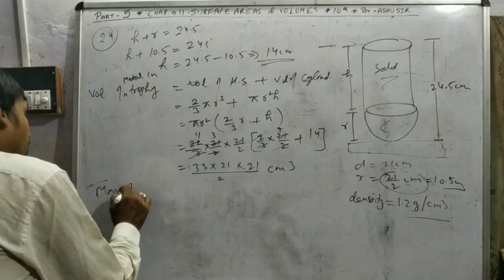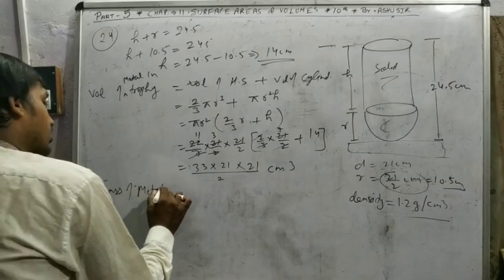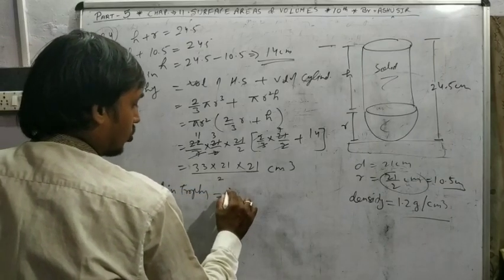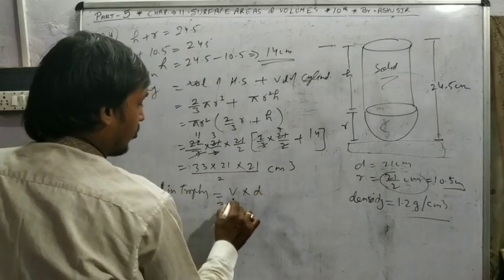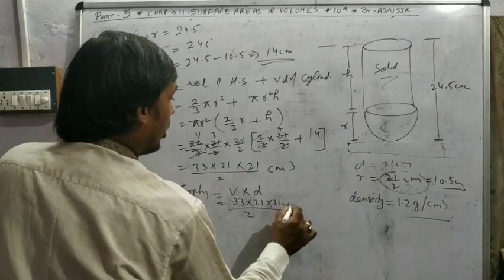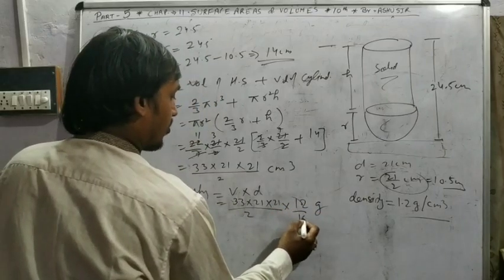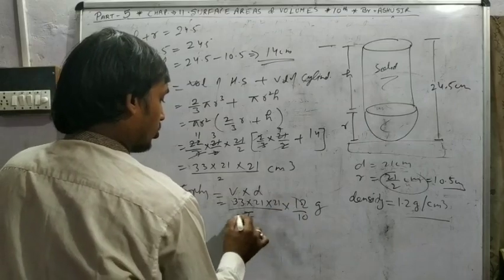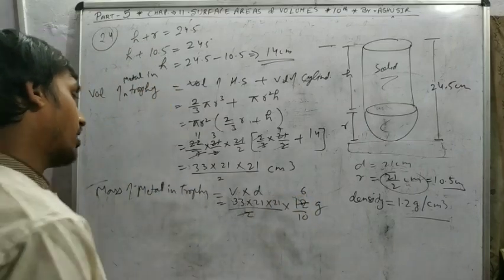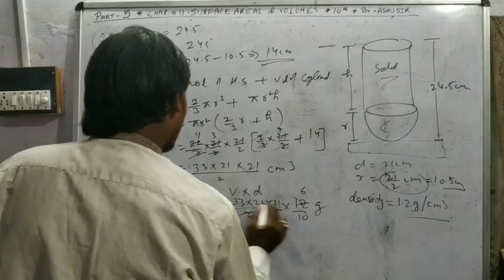Why? Because we want the weight, the mass. Mass of metal in the trophy is volume into density: 33 into 21 into 21 by 2 into 1.2 gram. Cancel upon 10, we get 6 by 10, then multiply 33, 21, 21.